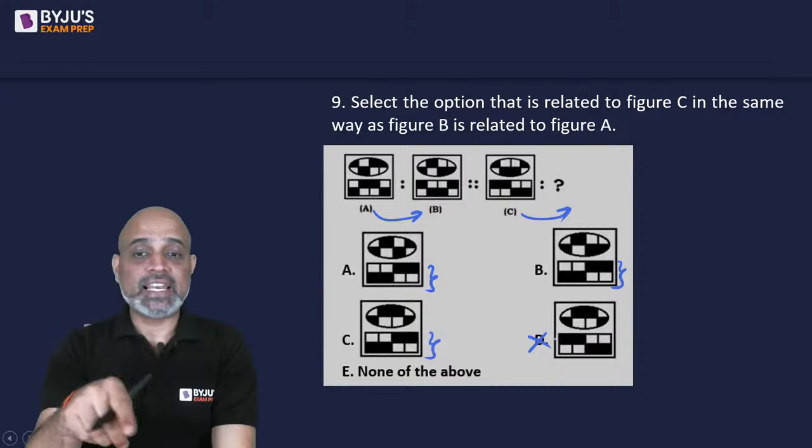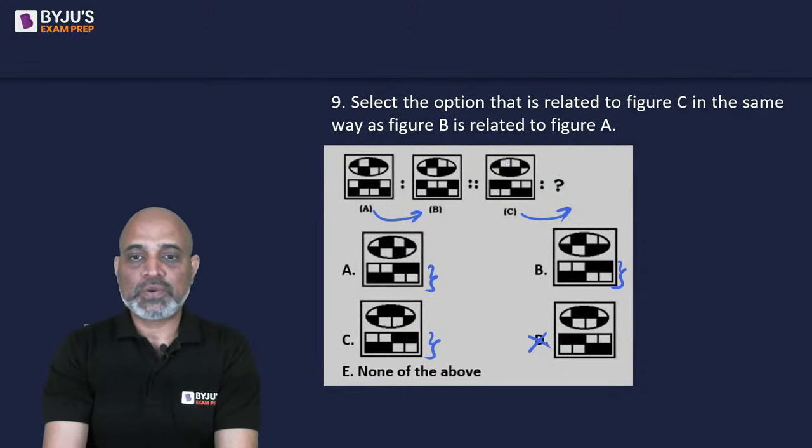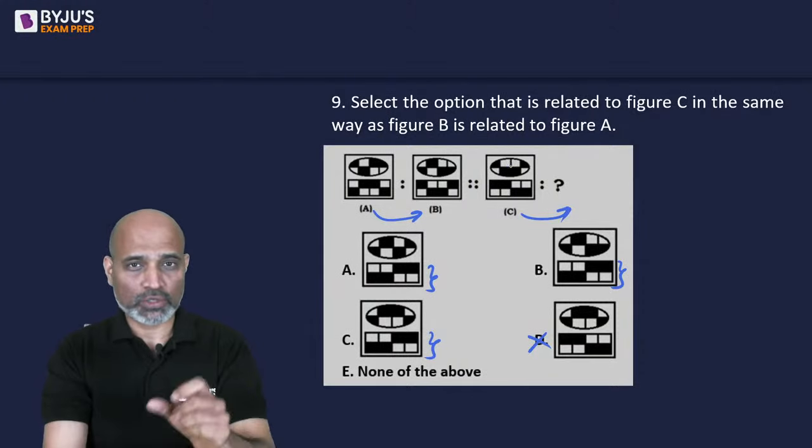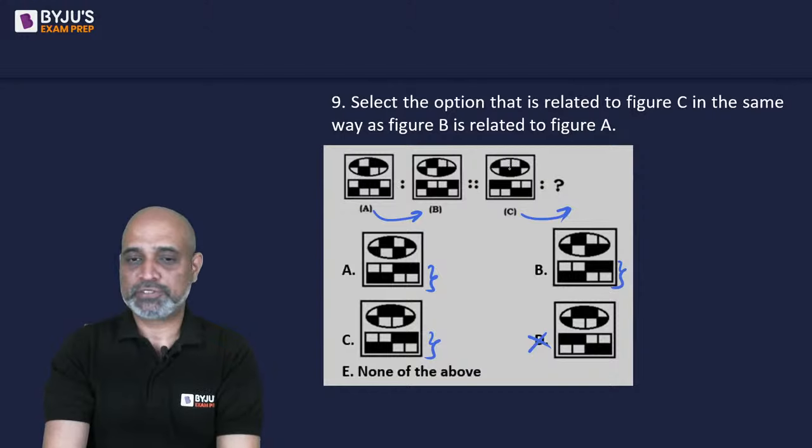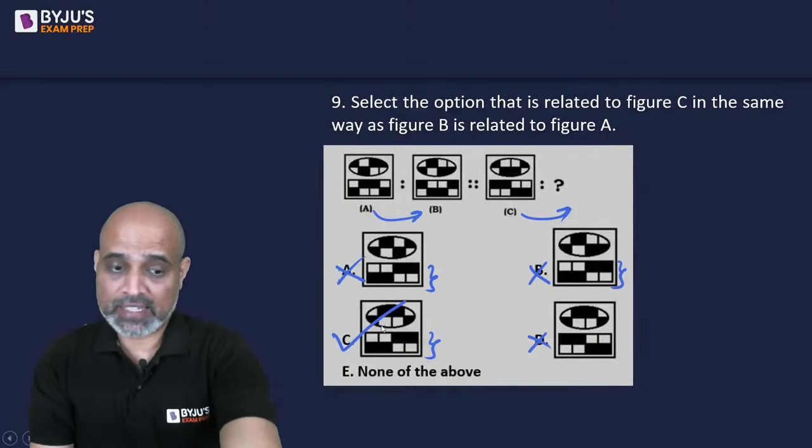Now let's look at the ellipse one. In the ellipse one, it looks like buck teeth, like the rabbit teeth people have. There are two parts visible, not exactly squares but part of squares. So these two are not shaded. That means the further one should be shaded. So B does not have it and A does not either. There is only that in C. So again, C is the answer.